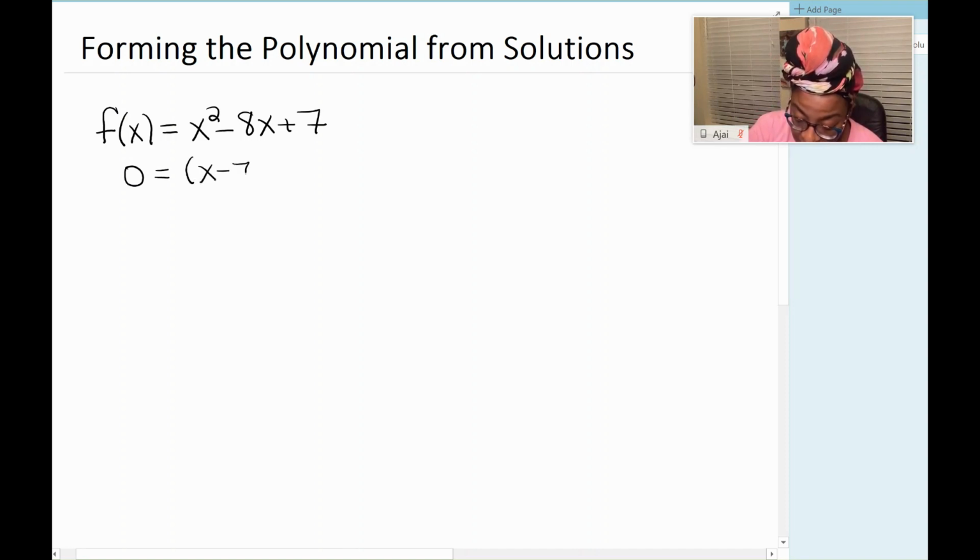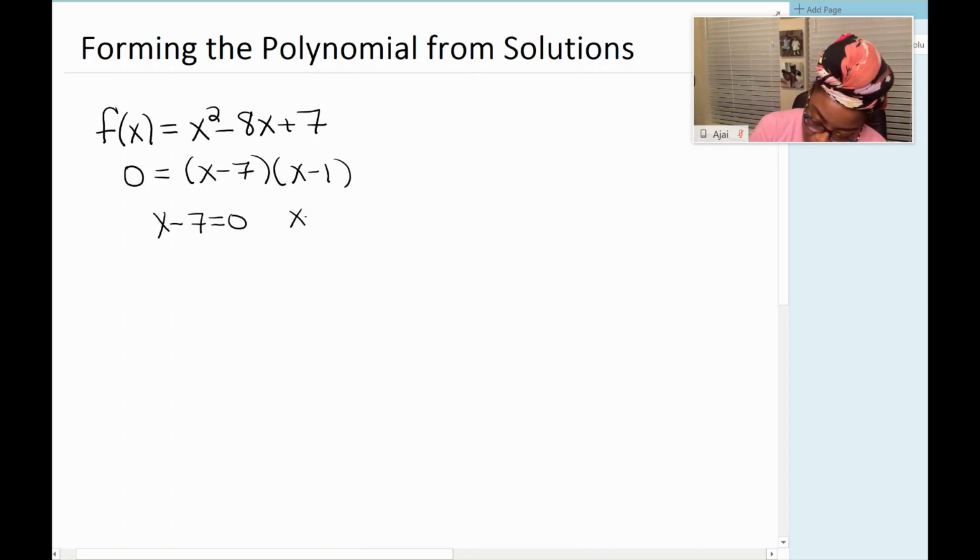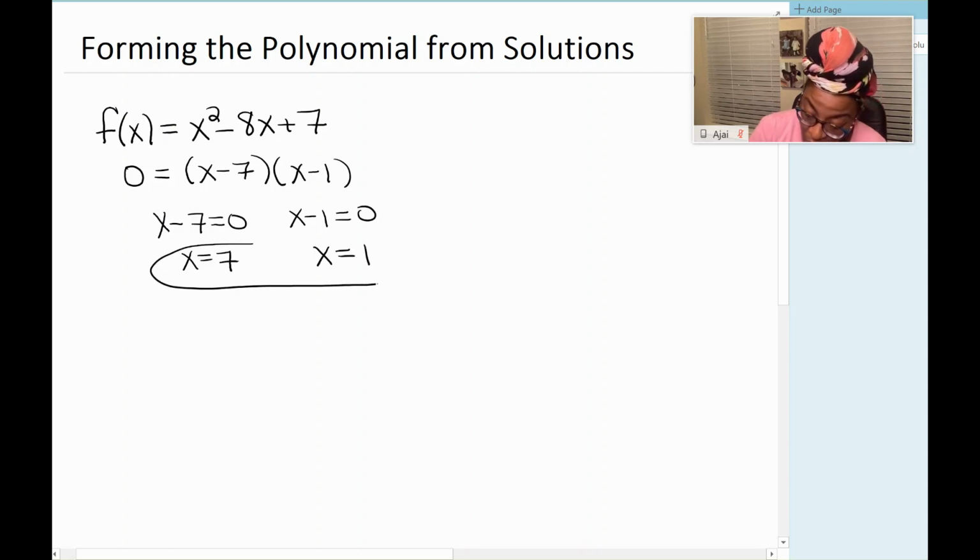You say, okay, this is going to be x minus 7 and x minus 1. And then you would set each one of these equal to 0 and solve. You get x is equal to 7 and x is equal to 1. So here are your solutions for this problem.